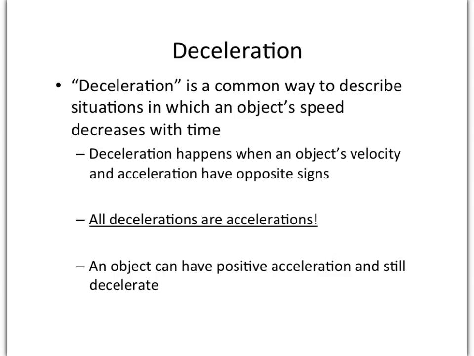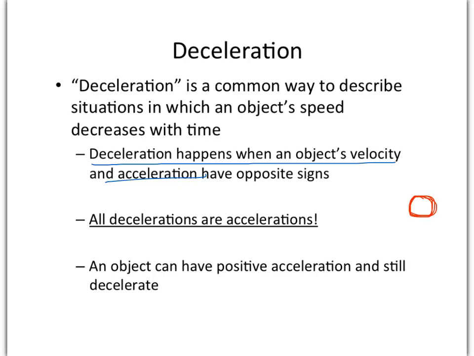All right, so let me clarify this here for us. When we say deceleration, it happens when an object's velocity and acceleration have opposite signs. Okay, well, what happens if you just take a ball, all right, and you throw it up in the air?